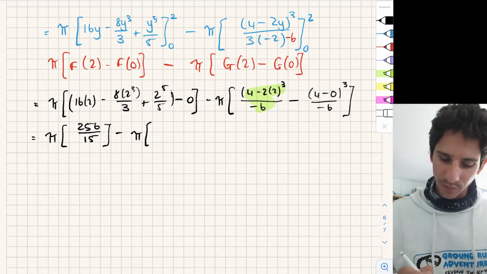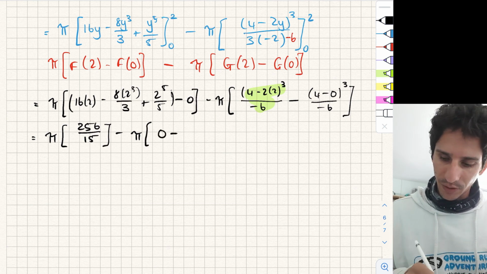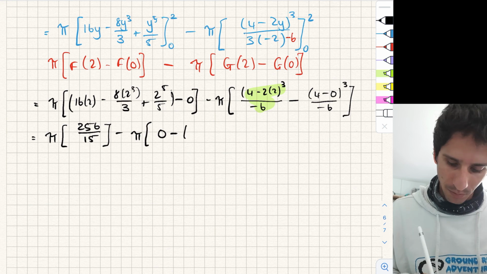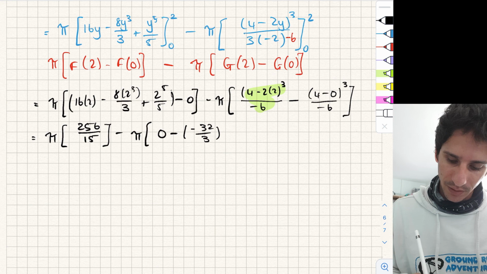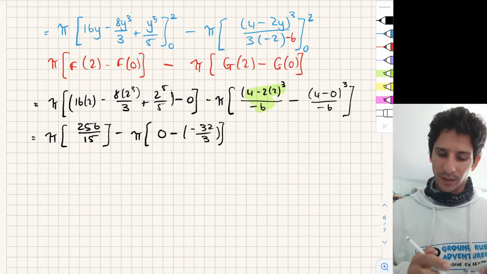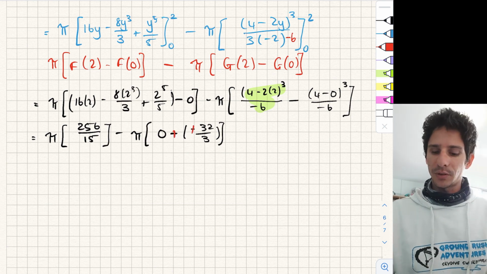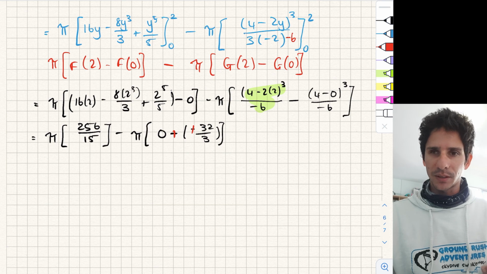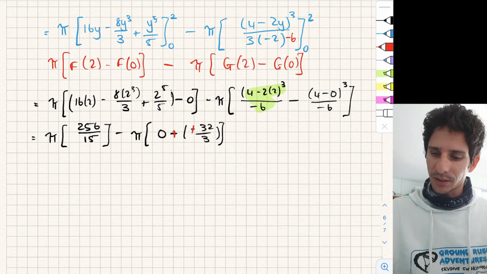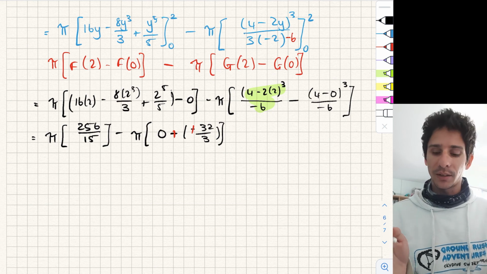So that's going to give me 0 minus, very important, when you get a negative answer, write it with the brackets, minus 32 over 3. Okay, so this minus and minus will just become 32 over 3, and that makes sense because otherwise there would be no volume. It didn't exist, and that doesn't make sense. Okay, so the volume for the cone is pi 32 over 3.